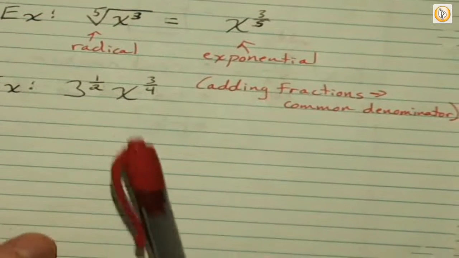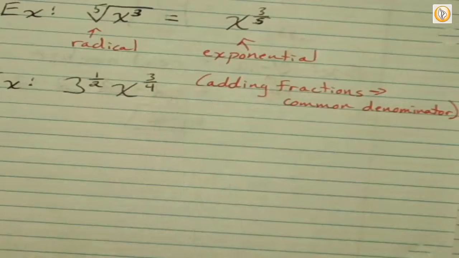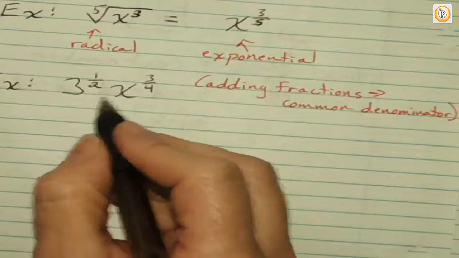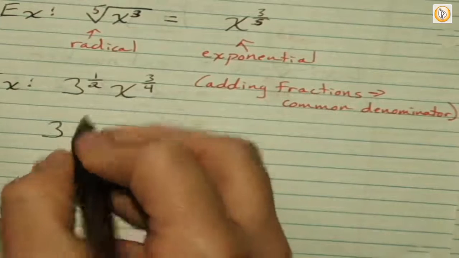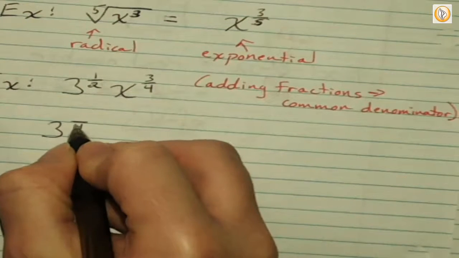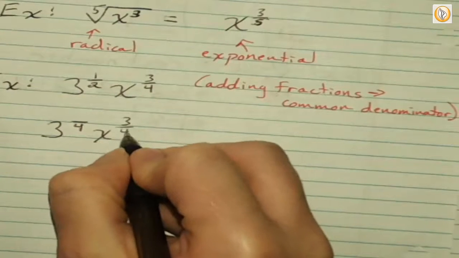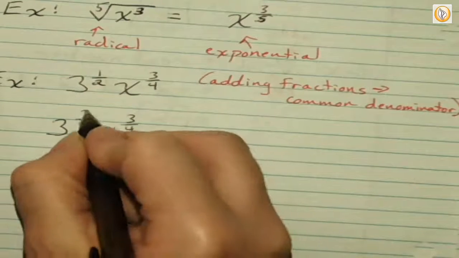All right, so what are we doing here? Do we have a common denominator? So how do we get a common, what would be the common denominator here? 4. Ariel, what's the new numerator here? 2. There you go.